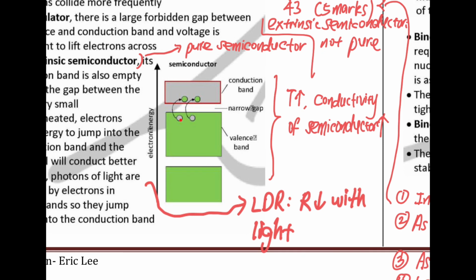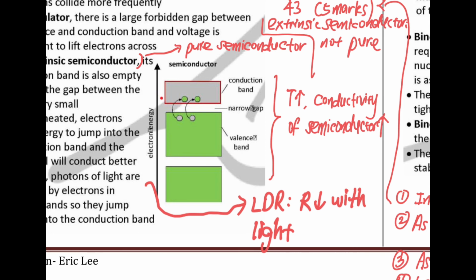Hole is positively charged. Okay, you have to know that holes are positively charged. Initially, when electrons are here, they are neutral. So when the electron moves away, it becomes positively charged. So we call this holes. So basically, a hole is a place that attracts electrons to fill in the gap.